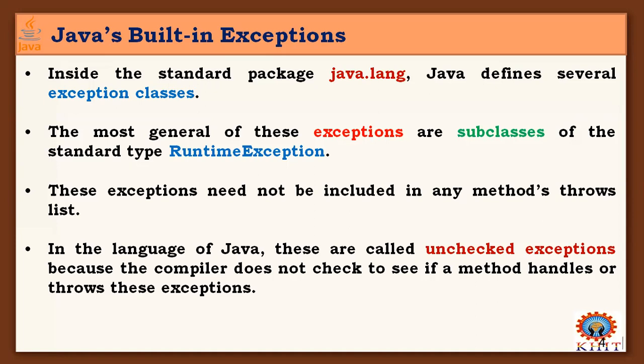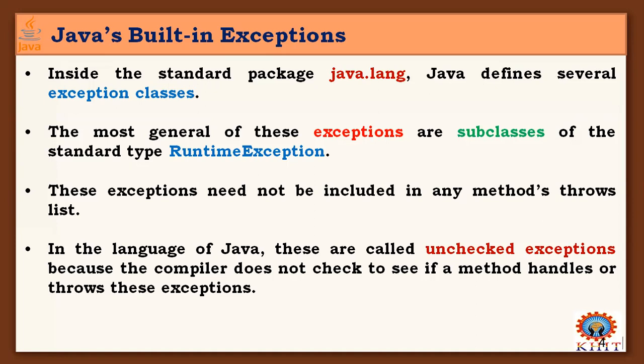These exceptions need not be included in any method's throws list. This point is related to the fact that sometimes in our class we may have different methods. Sometimes a method generates some type of exceptions, and that method should maintain a list of exceptions thrown by that method.